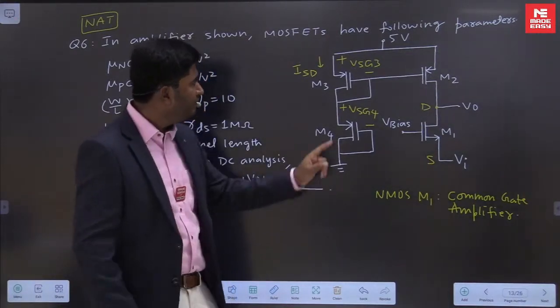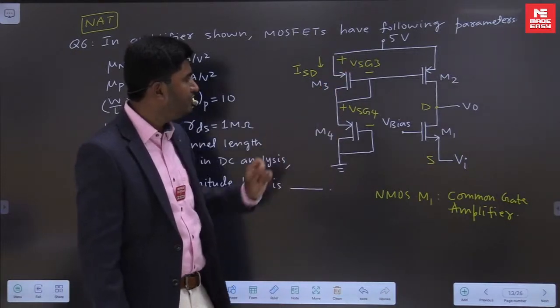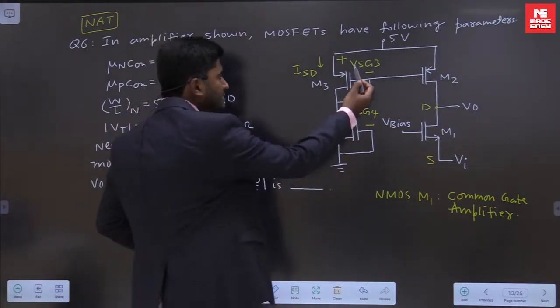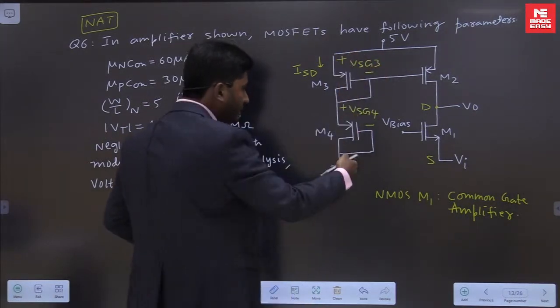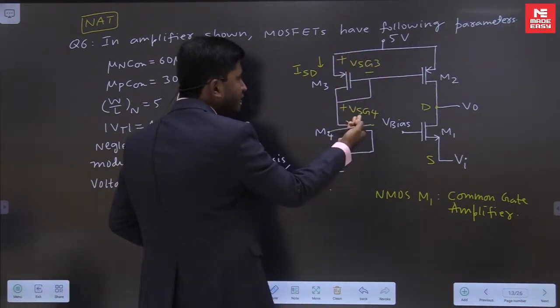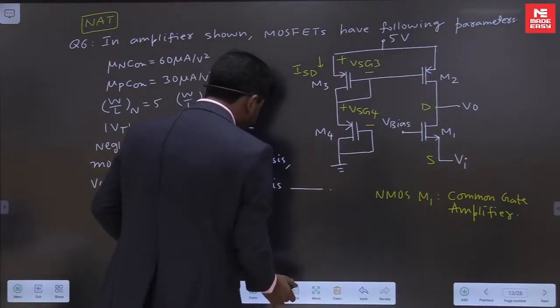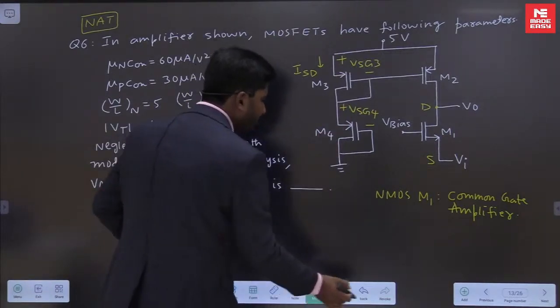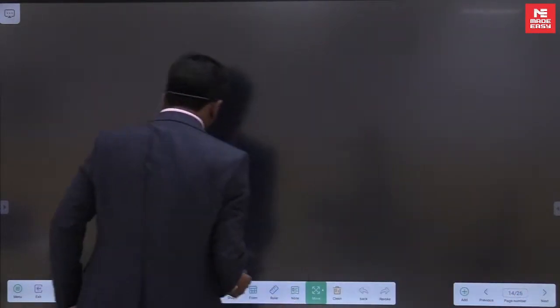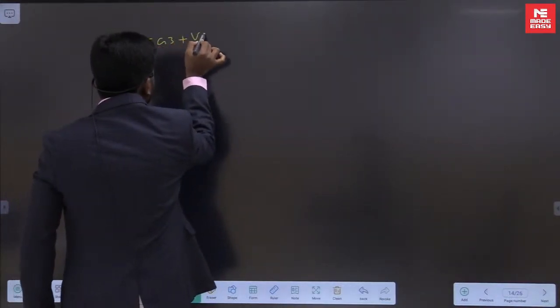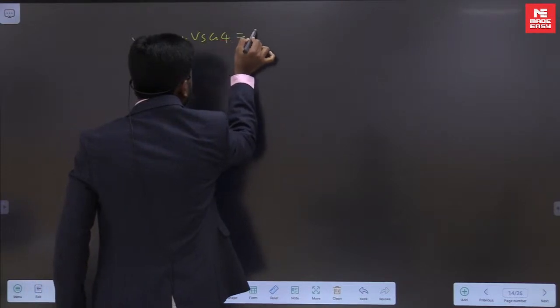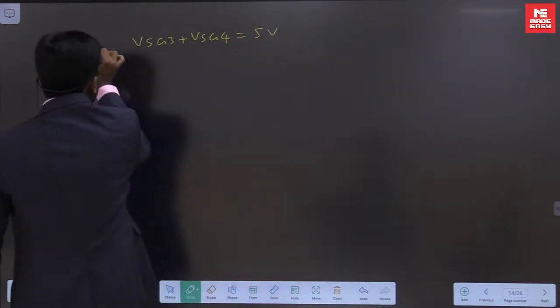So we can say VSG3 is equal to VSG4, and VSG3 plus VSG4 will be equal to 5 volt. If you apply KVL, VSG3 plus VSG4 is equal to how much? 5 volt. So I will write here VSG3 plus VSG4 is equal to 5 volt. This is nothing but KVL.